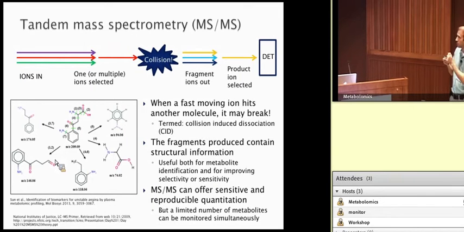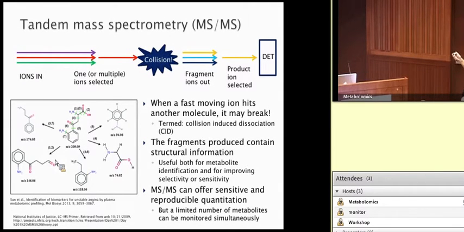So you can get some pretty crazy chemical reactions. You can break many, many different bonds and form all sorts of interesting fragments out of the molecule that went in. And those fragments all now have different masses. So we do another stage of mass spectrometry right here, and we select a particular product ion, or we look at all of those different product ions and measure their mass, and we now have more useful information.